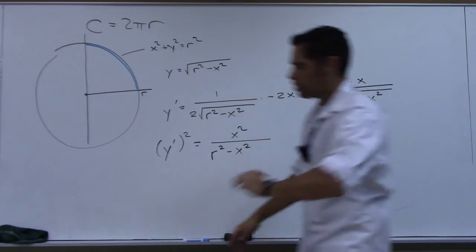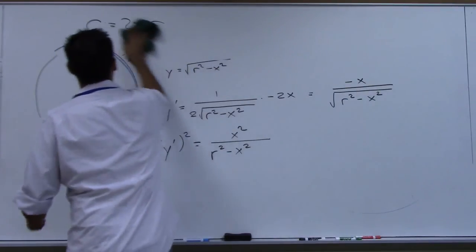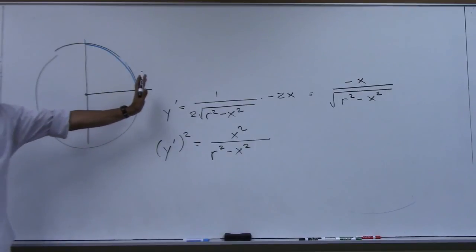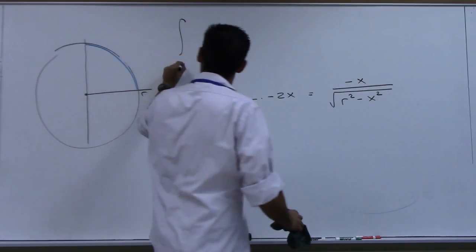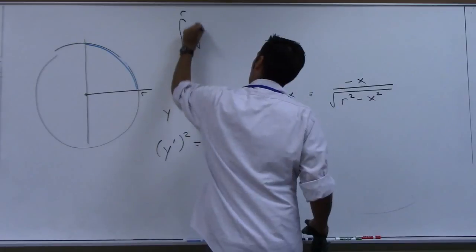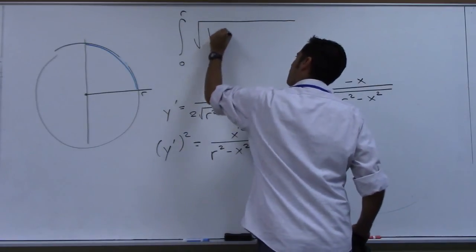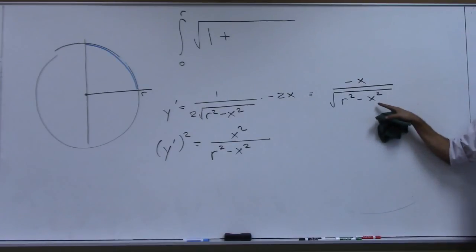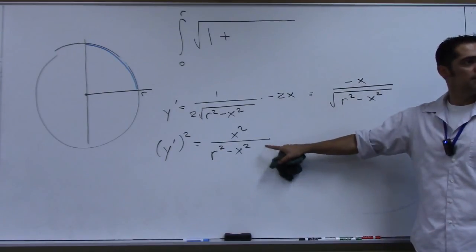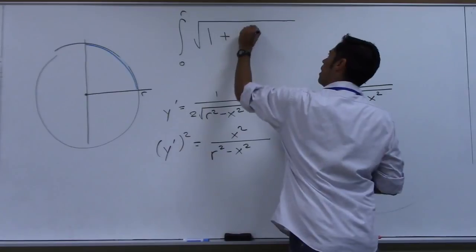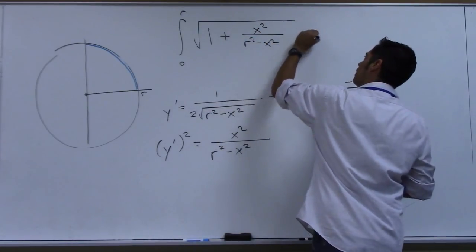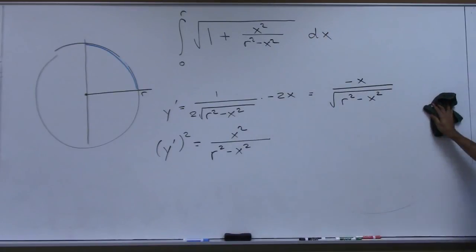My integral should go from where to where? 0 to r, square root of 1 plus y prime squared. This, right? Oh, sorry, this one, right? Which is x squared over r squared minus x squared. Starting to get excited.